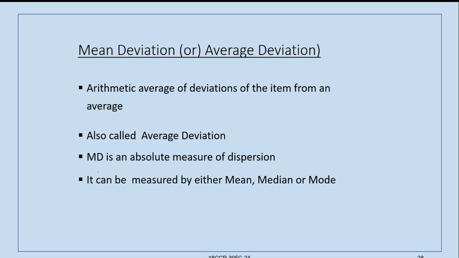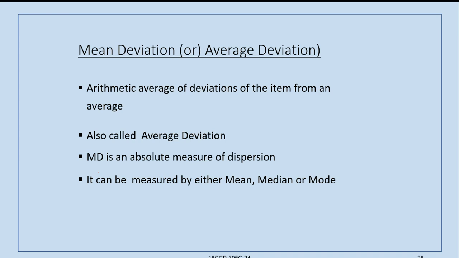So mean deviation is an absolute measure of dispersion. Mean deviation is calculated by using the average, arithmetic mean, median or mode value.